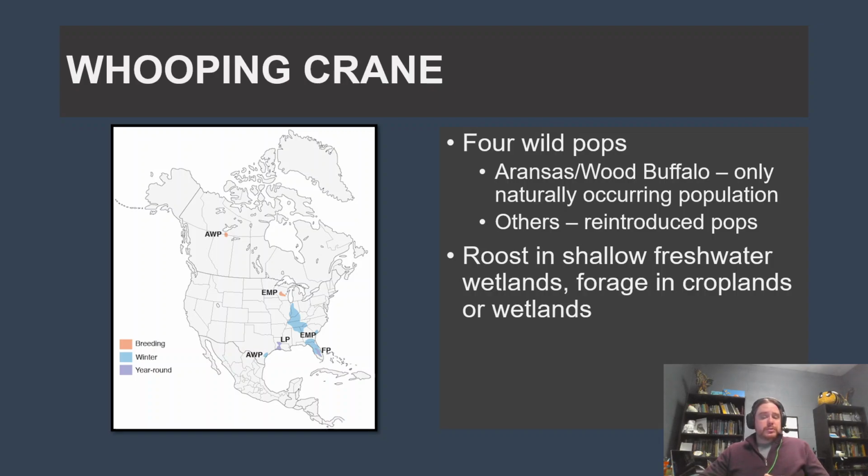And that's kind of interesting because it's a reintroduced population. It's a population established from a start of no birds. So I'm going to show you in a minute how they created this migratory behavior. It's pretty neat. But there's also, like in the Louisiana population, they don't migrate out of that population. Same in the southern Florida population.